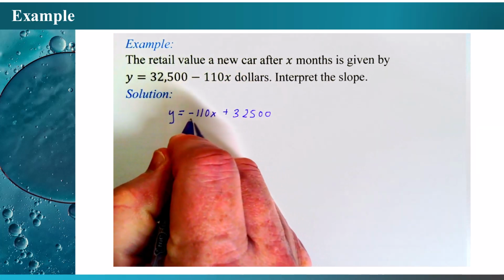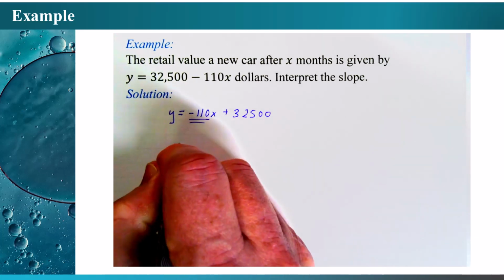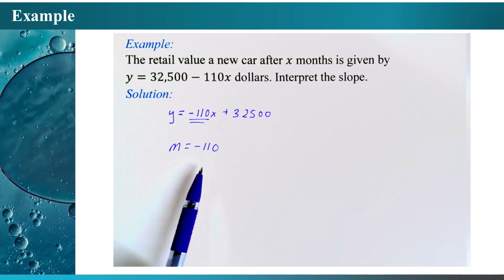And we can see here then that m is equal to negative 110. So we've got a slope of negative 110. Now what does this mean? Well, we know here that y is the retail value and x is the number of months. And so what this means is that the retail value goes down by $110 every month.